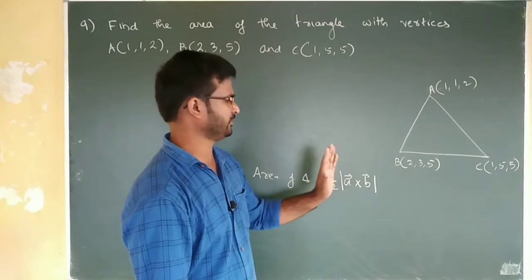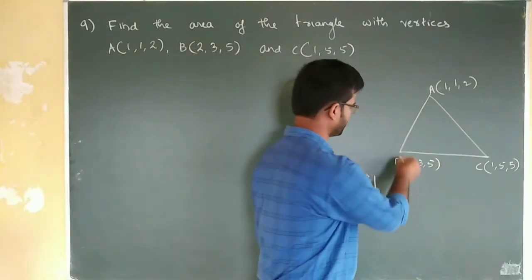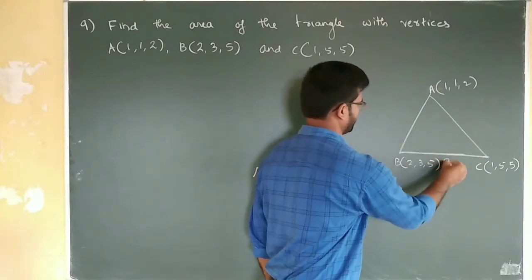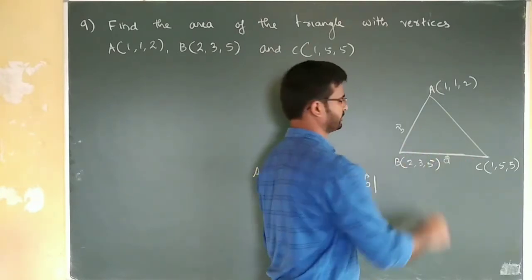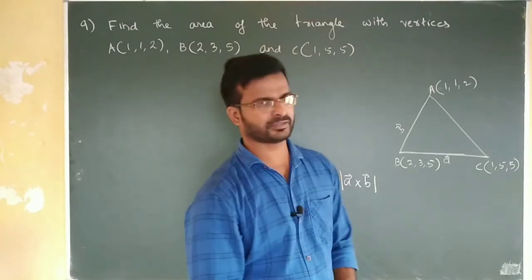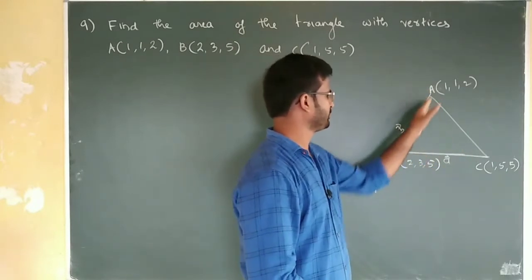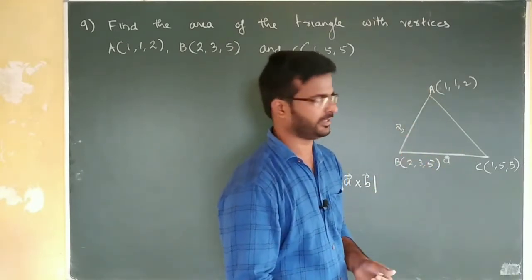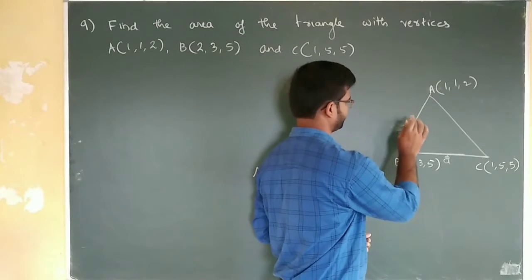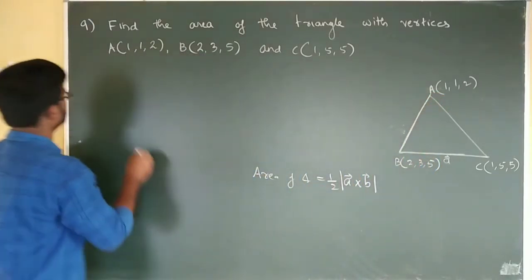Here a vector and b vector are both adjacent sides. You can consider this a vector, next will be b vector. Directly using this formula we can find the area of the triangle, but a vector and b vector are not given. We have to find them. First, we can find out a B vector.